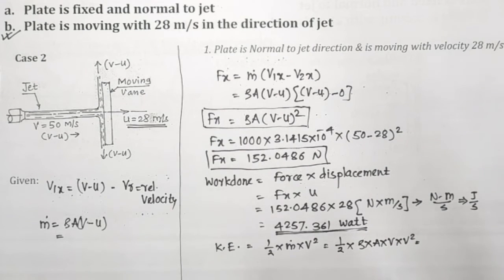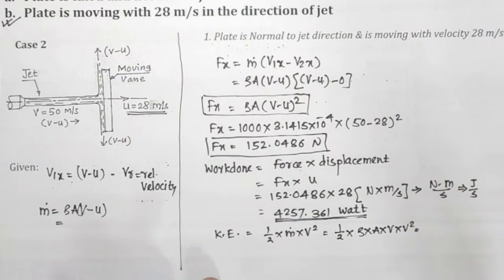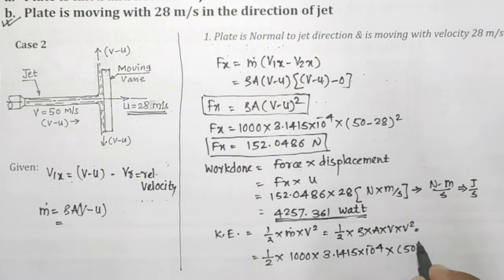It is 1/2 into 1000 into area 3.1415 into 10 raised to minus 4 into velocity 50 into v square, and v into v square is nothing but v cube. So directly we can write that value like this, and it will come up as 19634.375 watt.